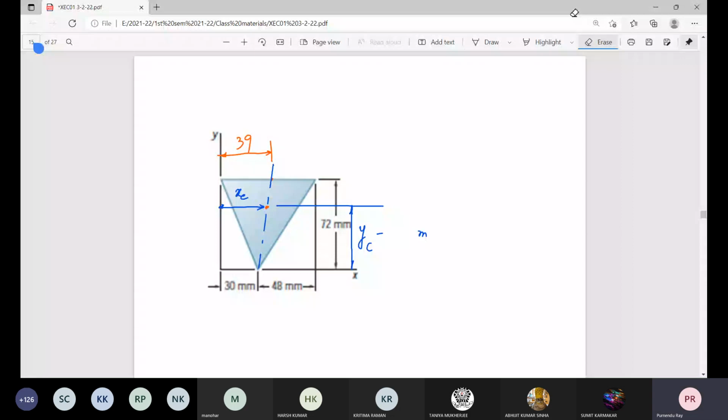Now, what about the centroid? It is at 1/3 distance from this vertical line used as the base of this right angle triangle, and here at 1/3 distance from this red line base. Now, what about x1?